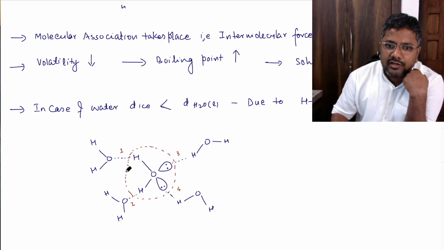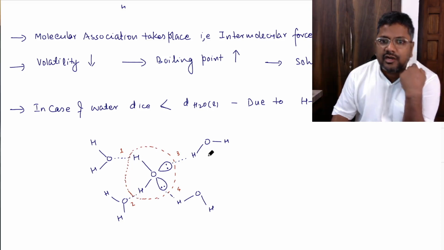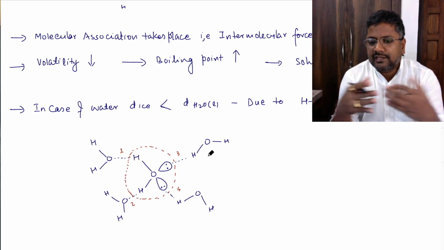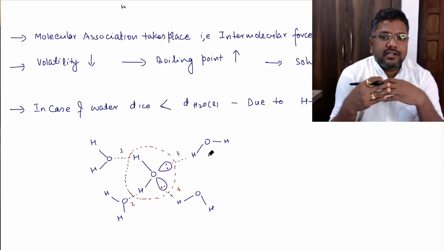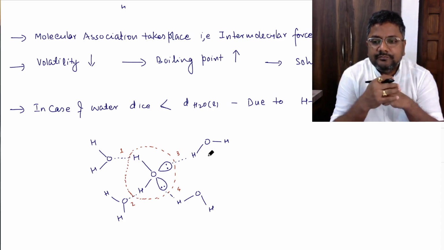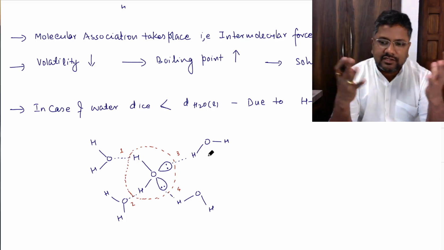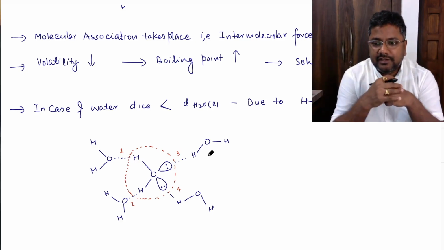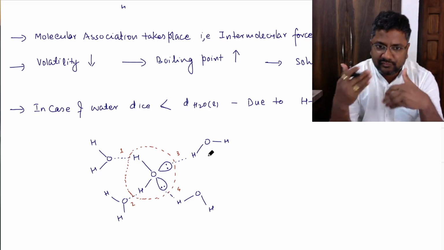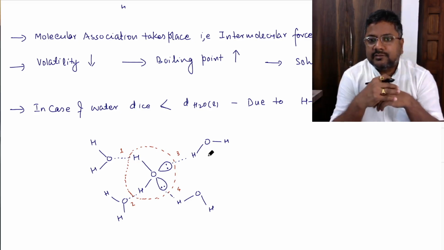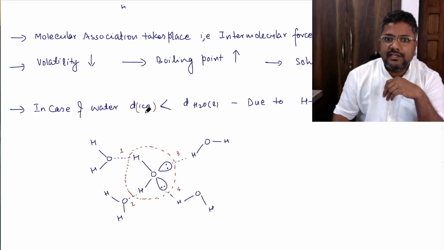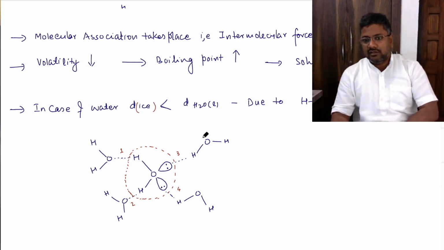So in case of ice, there is the maximum number of hydrogen bonds, as a result of which a cage-like, cyclic structure will form. Although the structure of ice is very technical, with this you can explain this anomaly, that the density of ice is less than the density of water.